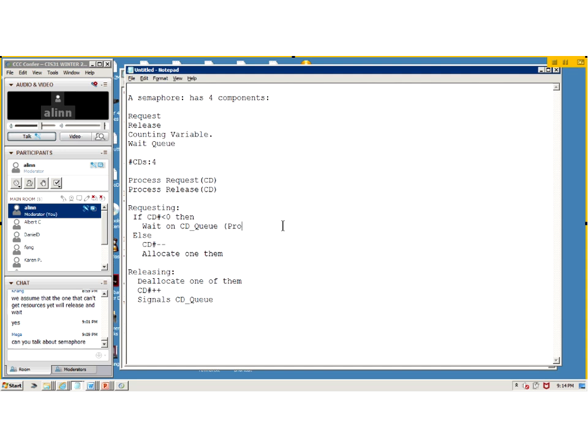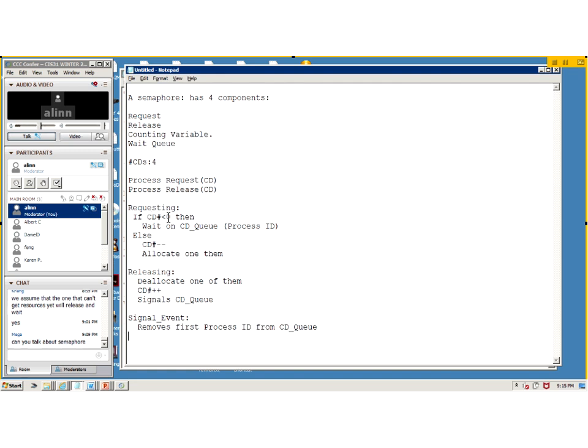So maybe what you should do is do it another way. Why don't we have a signal event? On a signal, it basically does this: it removes the first process ID from the CDQ, and it's pretty much first come, first served, I guess.